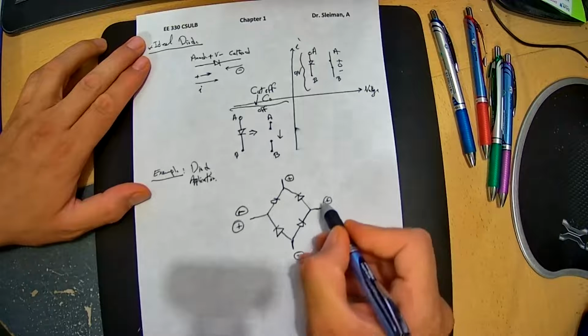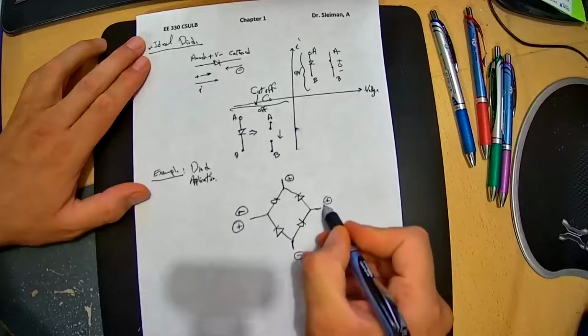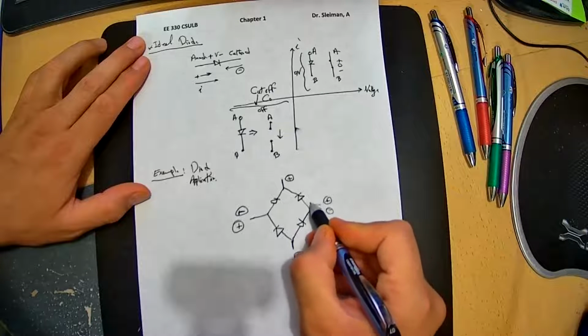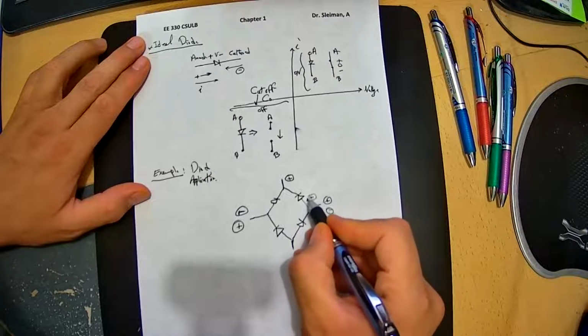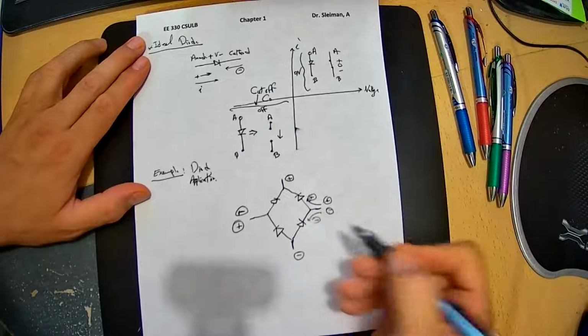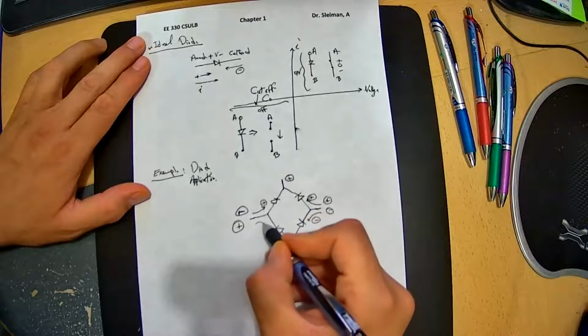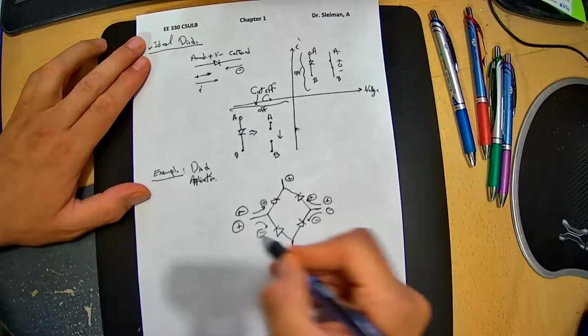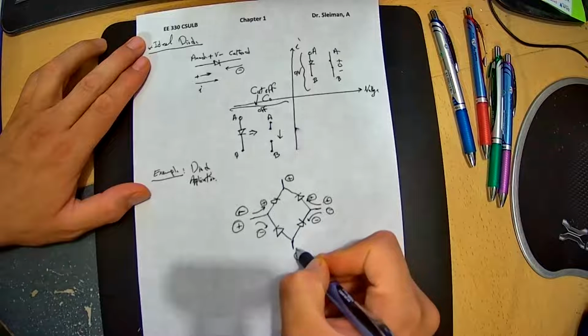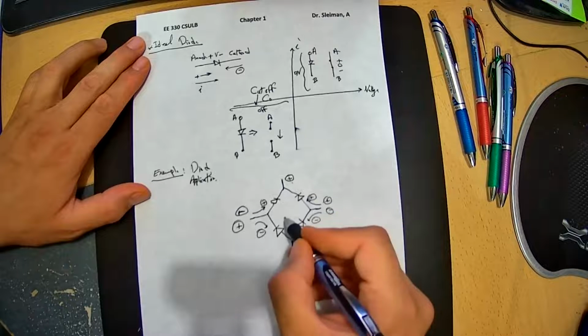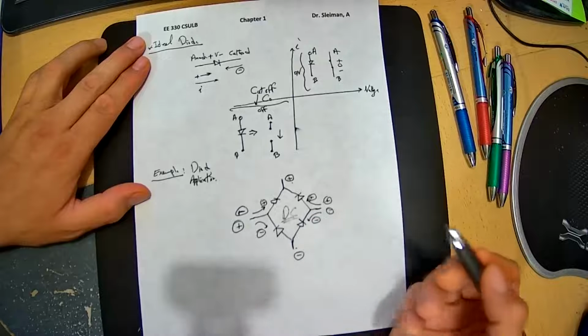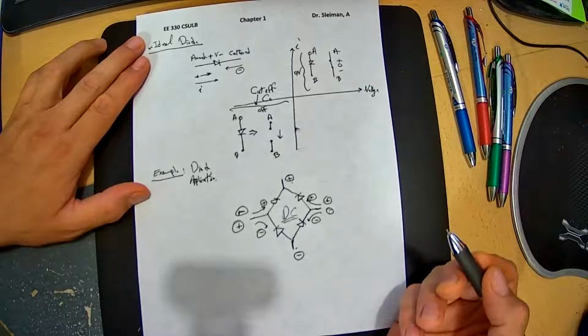Whether I introduce positive or negative, the positive will go this way and the negative will go this way. Same thing here. I will always have a negative here and positive there, and this is a good application for DC.